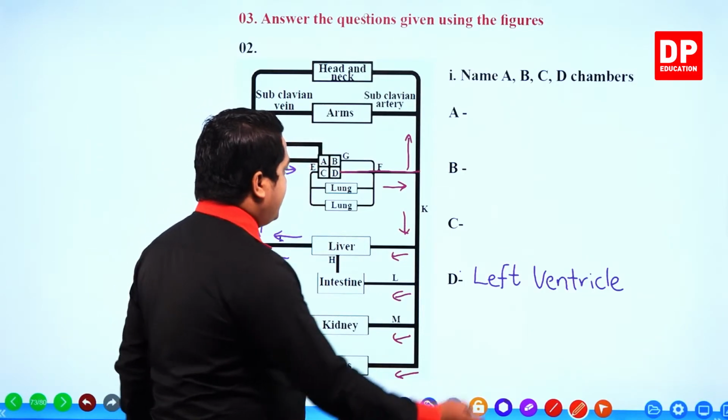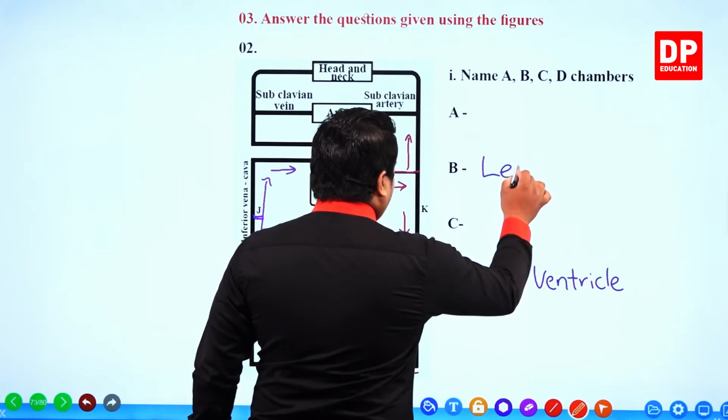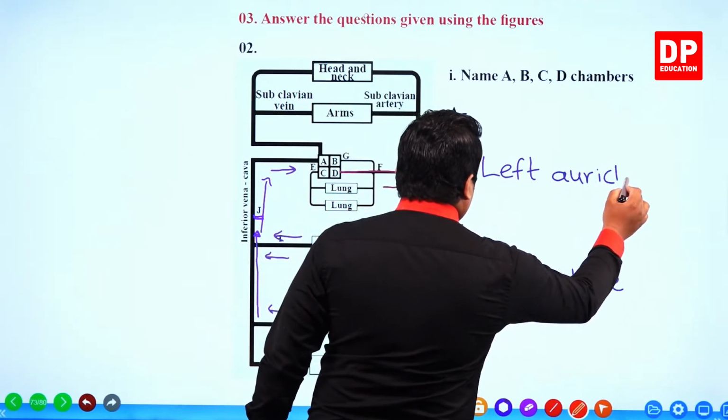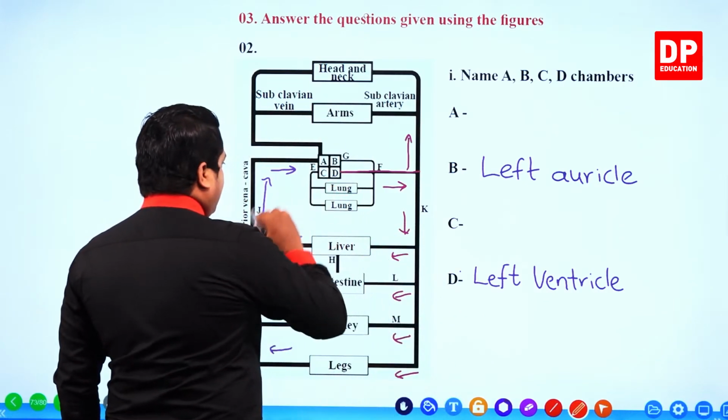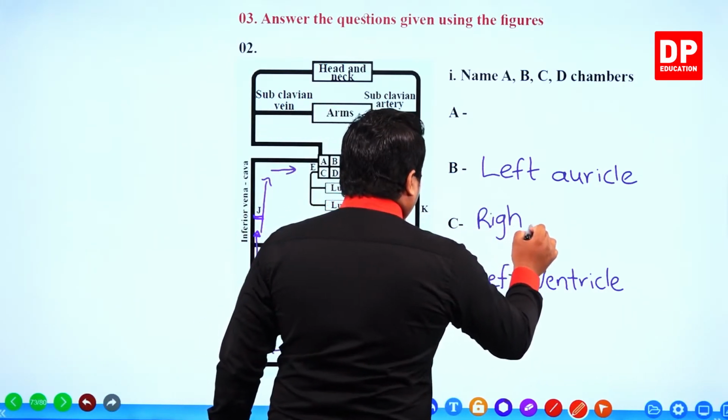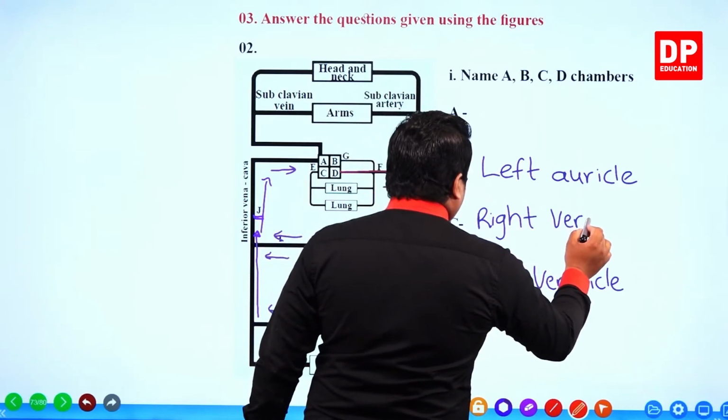So B is left auricle. C is right ventricle.